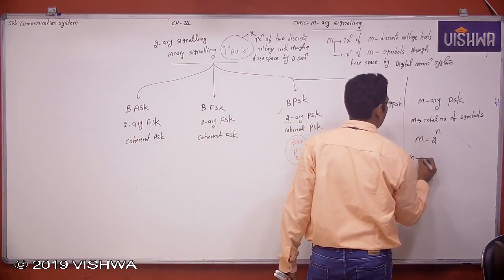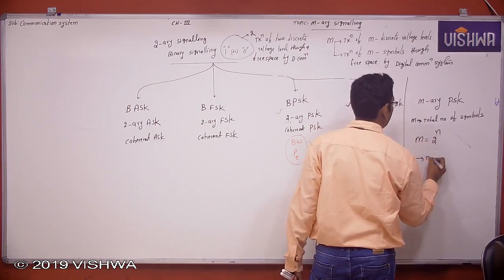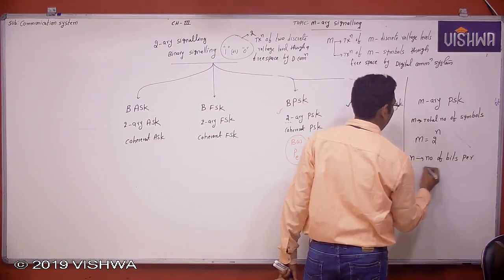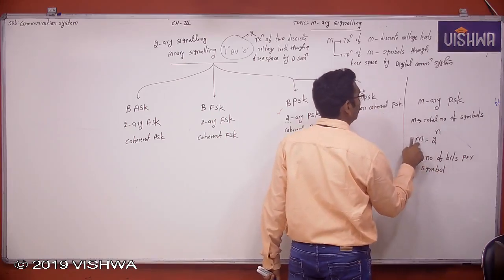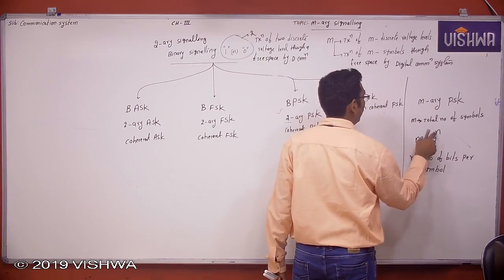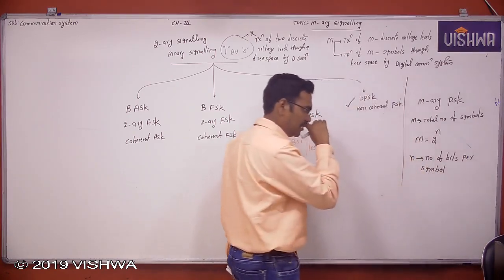M is always 2 power n, where n is the number of bits per symbol. If M equals 2 power 1, only 1 bit per symbol. M equal to 4, 2 power 2, 2 bits per symbol, like this.